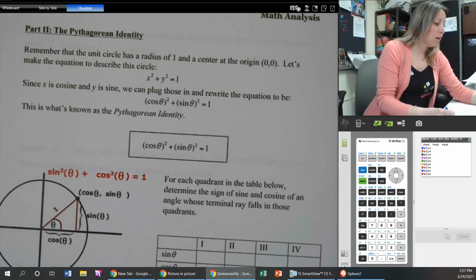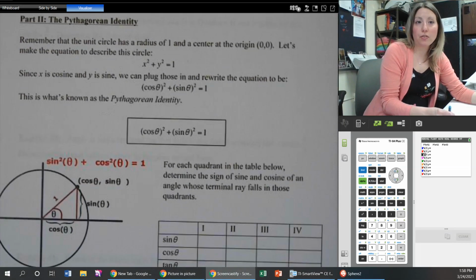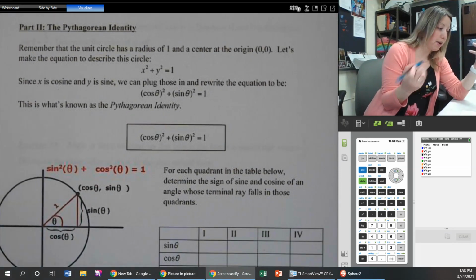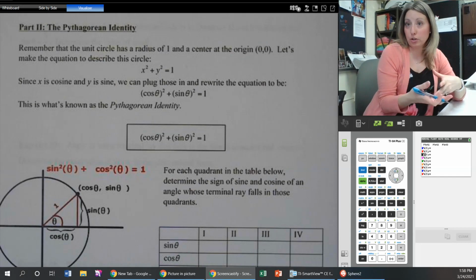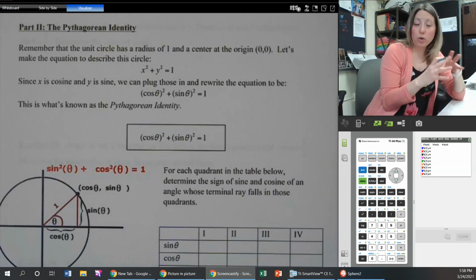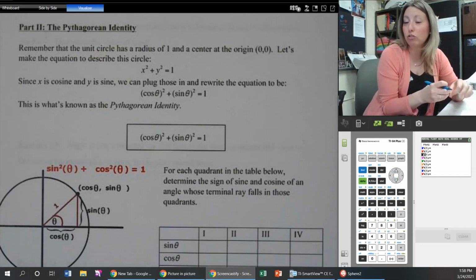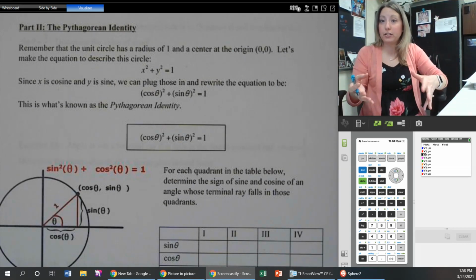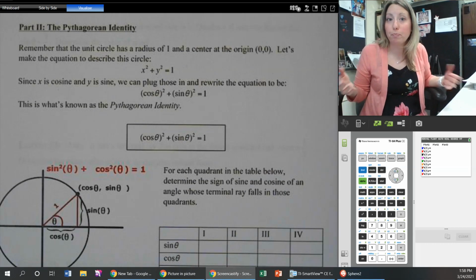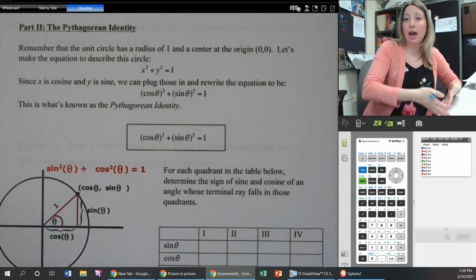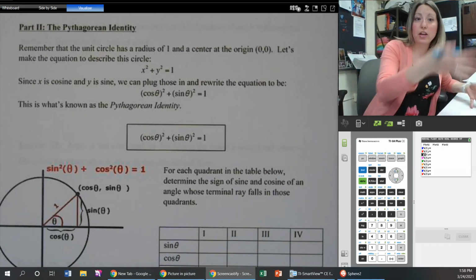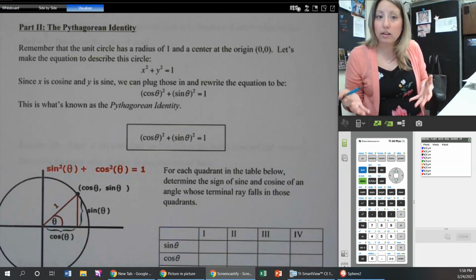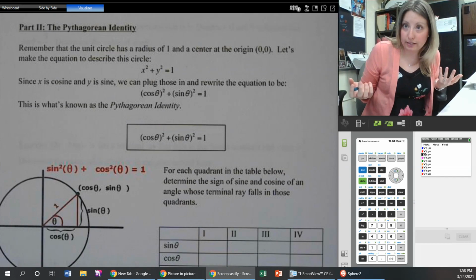Okay. So remember that the unit circle has a radius of 1, so r equals 1, right? And its center is at 0, 0. So if we take that equation, x squared plus y squared equals 1, that we've talked about previously, that's the equation of the unit circle, and we replace x and y with cosine theta and sine theta, what we get is known as the Pythagorean identity.